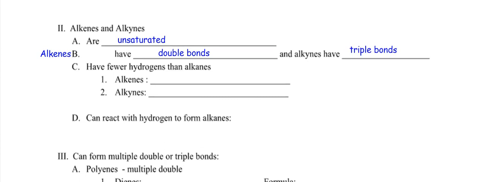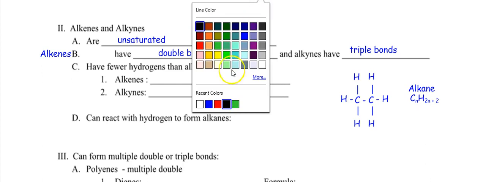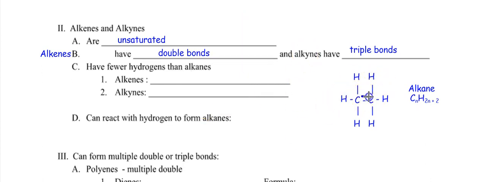So I want to show you something real quick. This is an alkane. You should recognize that with a CnH2n+2, right? So now I want to make an alkene, okay? I need a double bond. Ready? Let's do it this way. There's my double bond.